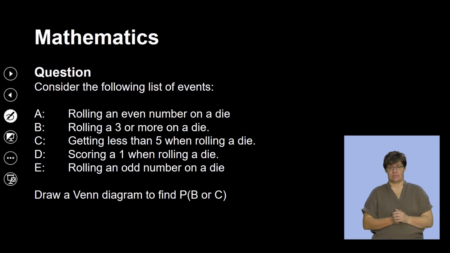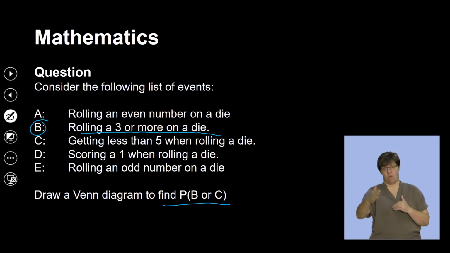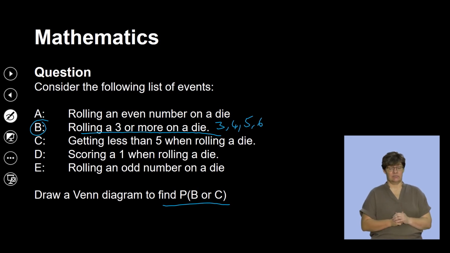In this case, we're given a less demanding one in a sense. We're saying, let's choose B, which is rolling a 3 or more on a dice. So remember, that's 3, 4, 5, and 6. That's 3 or more. This one, C, says less than 5. So if it's less than 5, then it's 4, 3, 2, and 1.